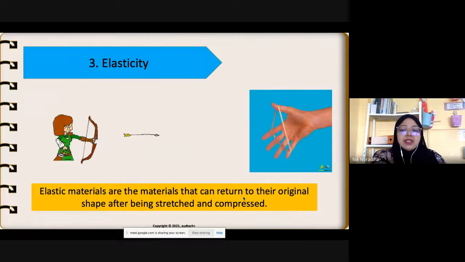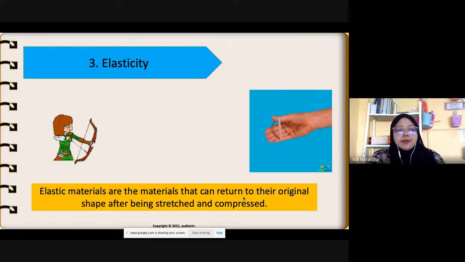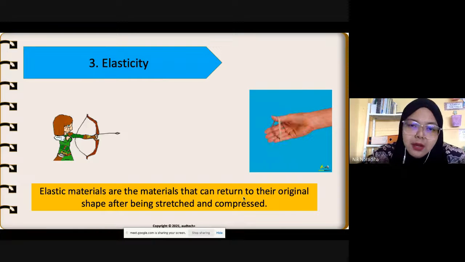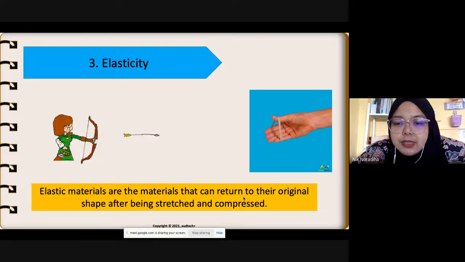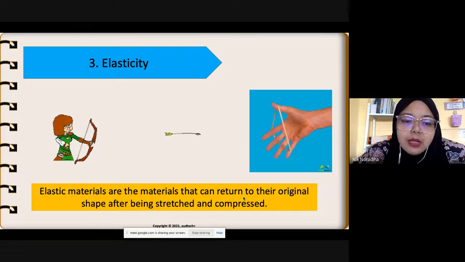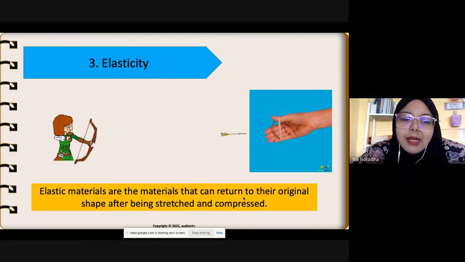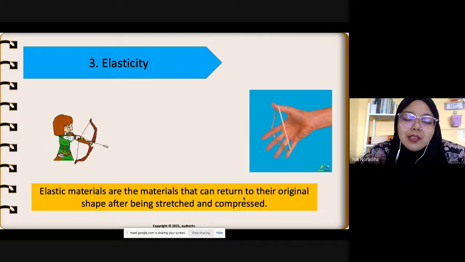So this is the experiment that we are going to do tomorrow. I know you might think the experiment is very simple because we are going to test the elasticity of a rubber band. But the objective of tomorrow's experiment is that teacher wants you to try on your own how elasticity works.